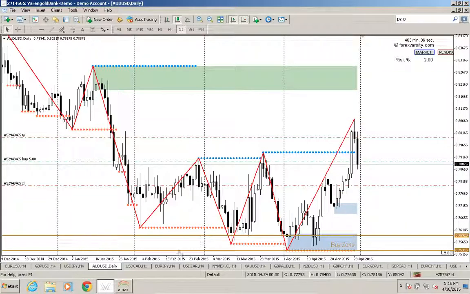Let's check the Australian dollar US dollar. So if you open your Australian dollar US dollar chart daily, we can see we are actually looking now for a C to buy off.